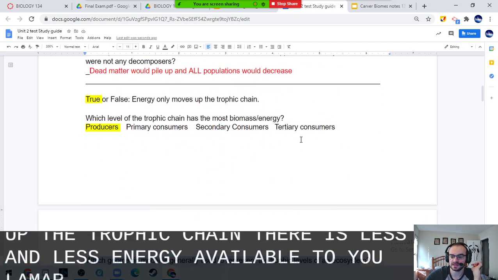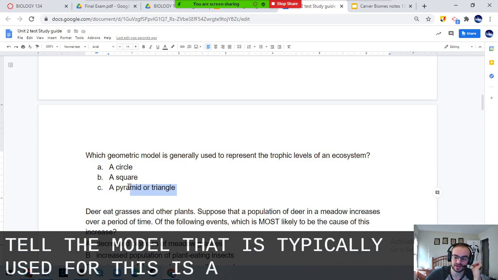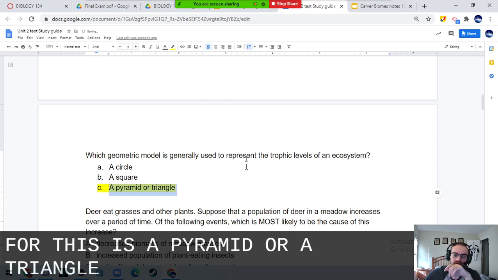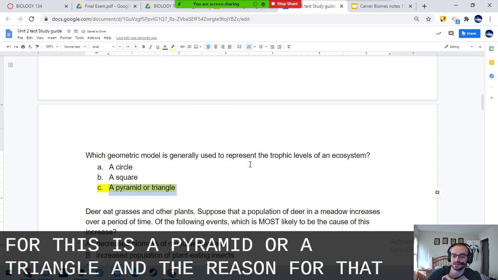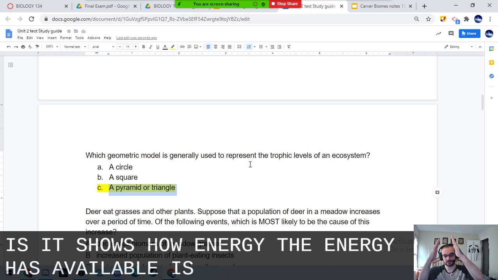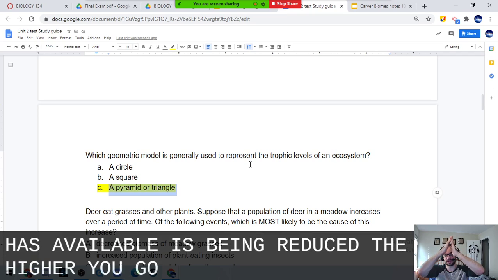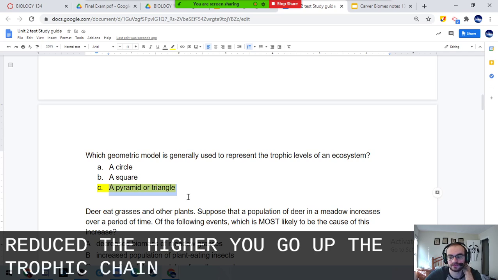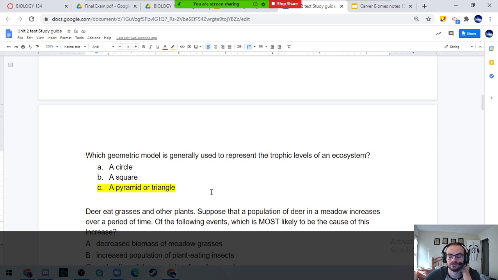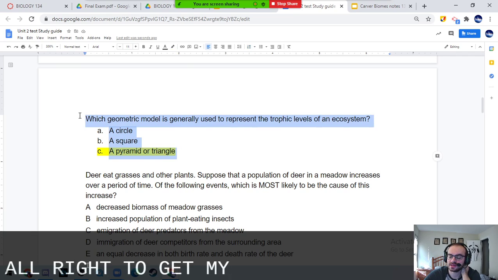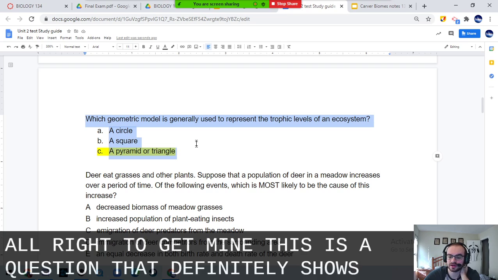So the model that is typically used for this is a pyramid or a triangle. And the reason for that is it shows how the amount of energy that's available is being reduced the higher you go up the trophic chain. All right. Do keep in mind, this is a question that definitely shows up on your test.